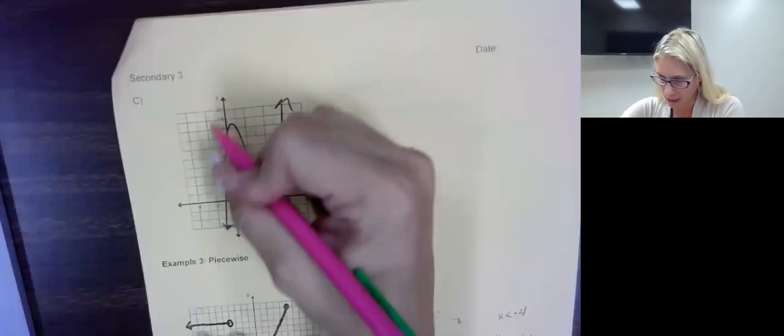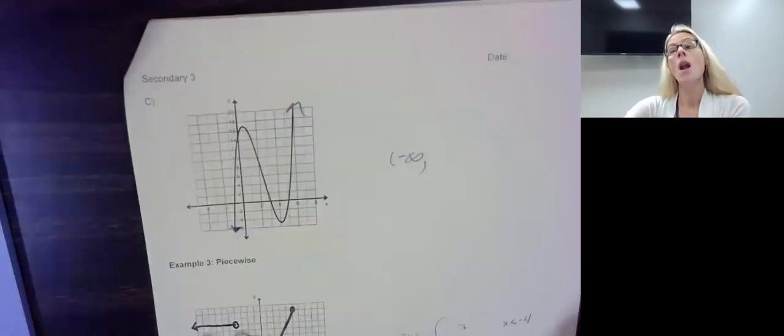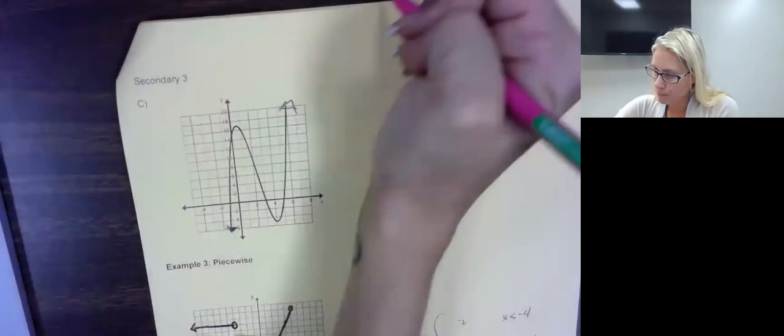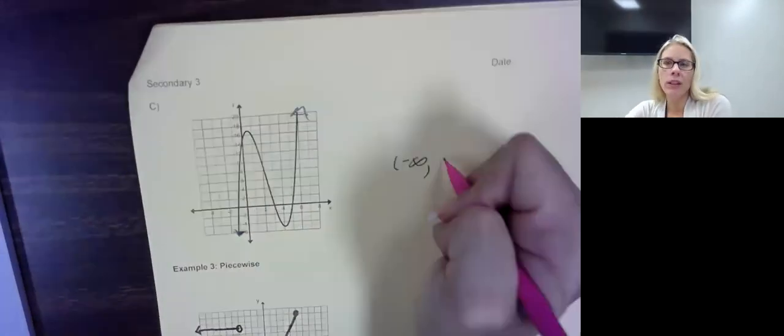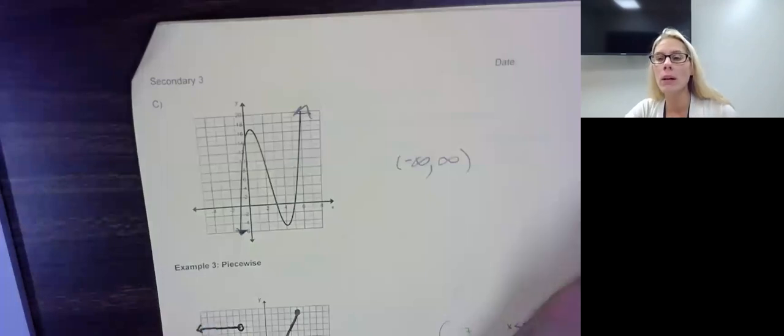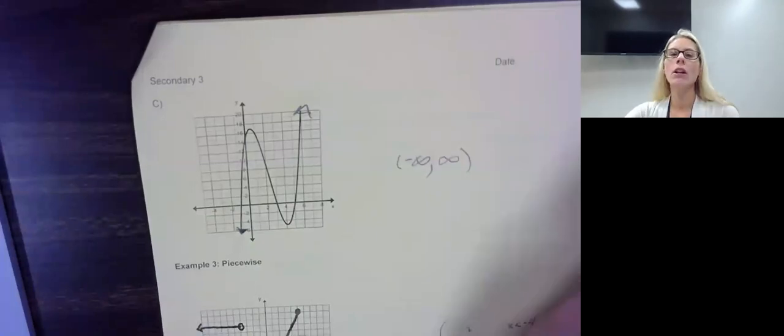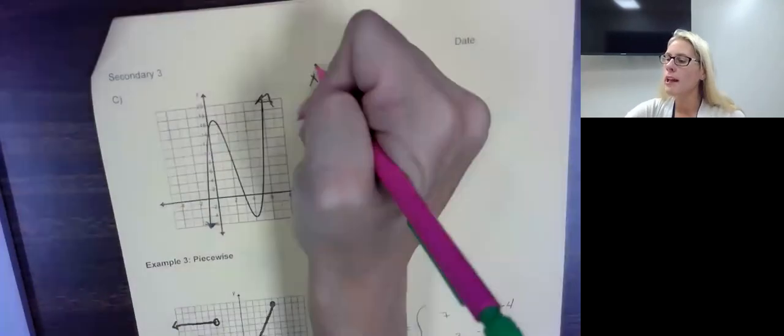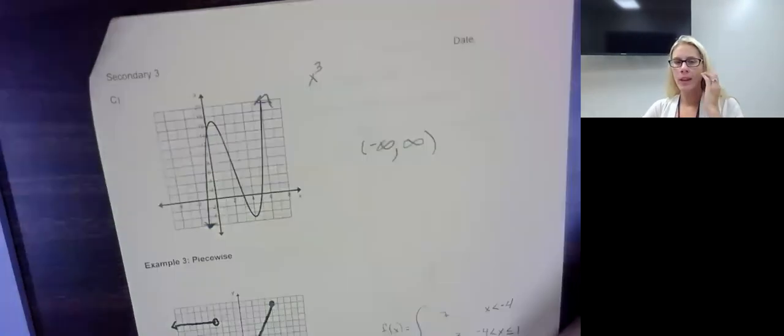And that arrow continues up, but also to the right. So negative infinity to infinity. Again, no issues. It's a cubic. It is not a square root. It is not irrational. It's a cubic. It's an x cubed. And there are no issues with that. So negative infinity to infinity.